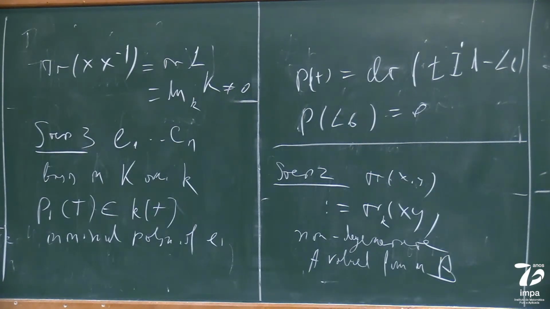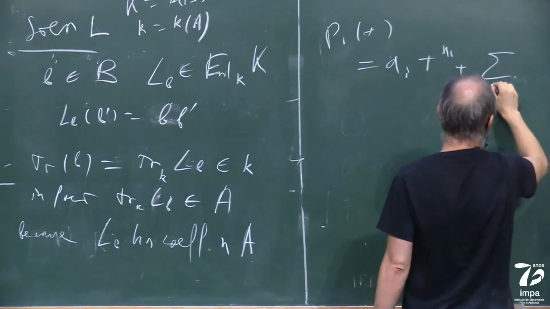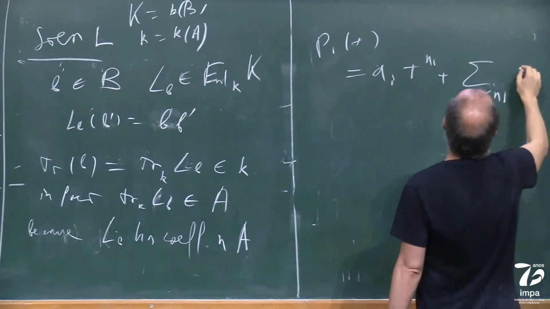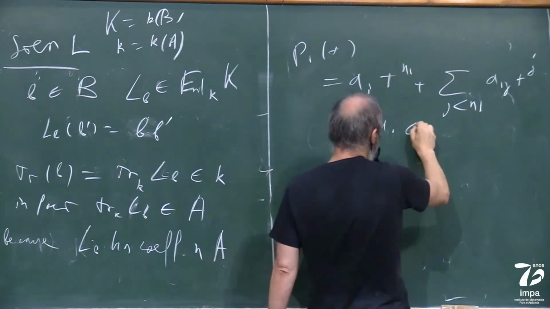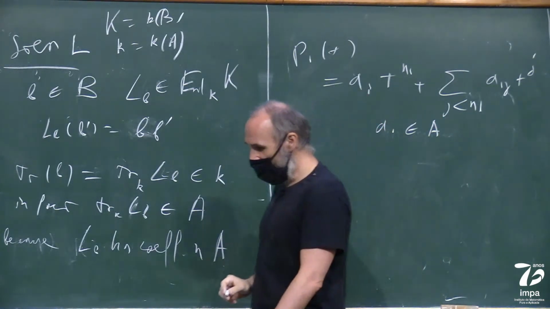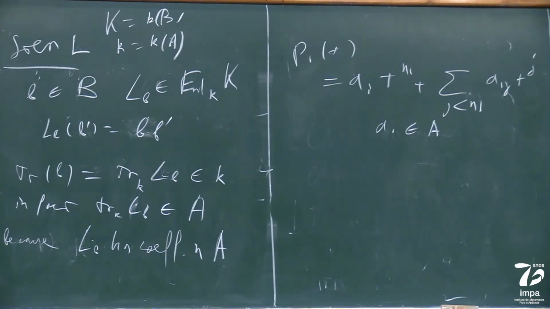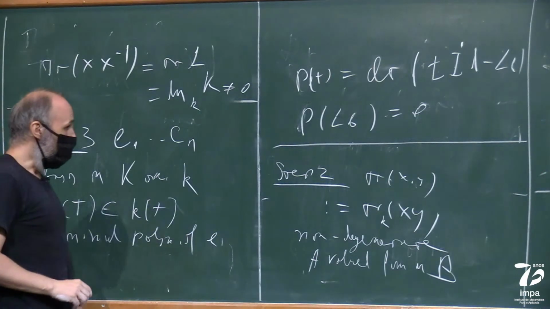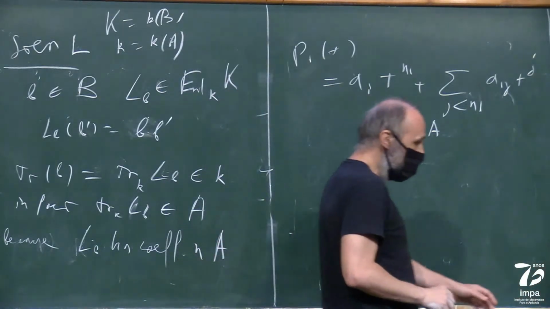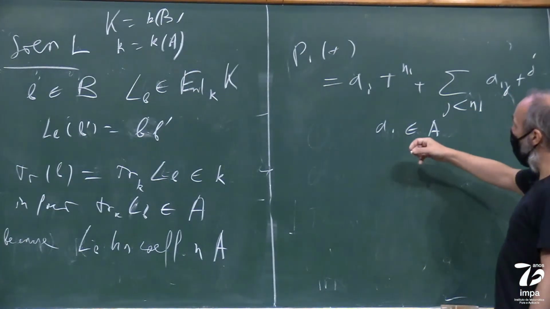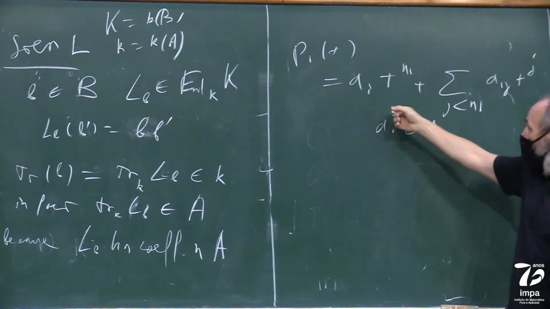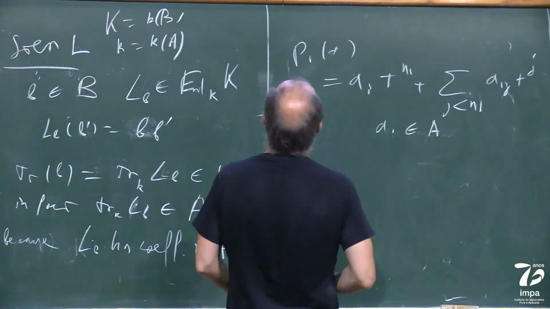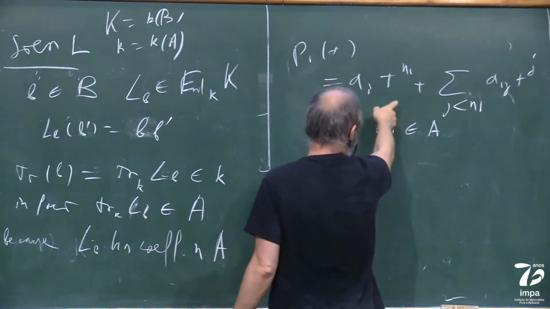P_i of t is a_i t to the power n_i plus terms of smaller order, the sum over j less than n_i of a_ij t to the power j, where the a_ij belong to A. Of course, they belong to the fraction field of A, but you can multiply your generators by a number sufficiently big so that it becomes integer. Or you can just multiply the coefficient, doesn't matter.